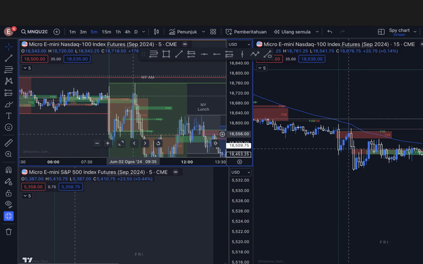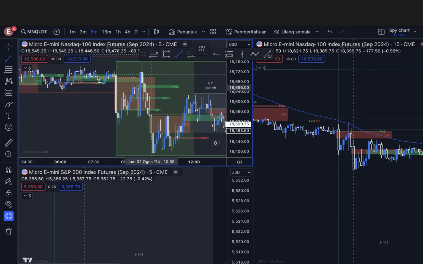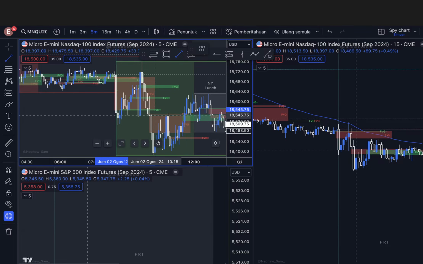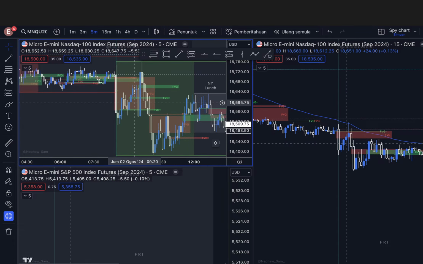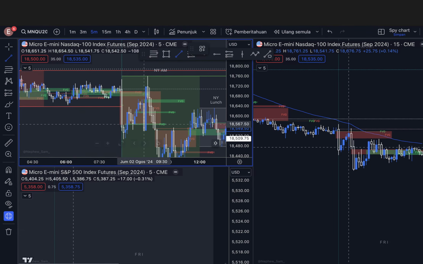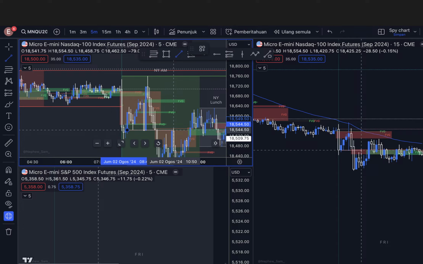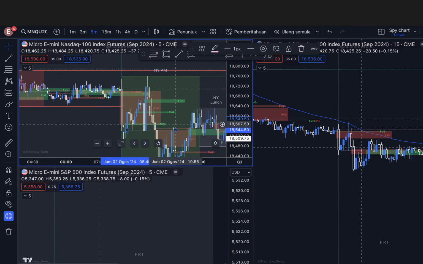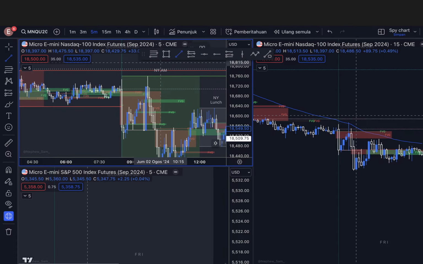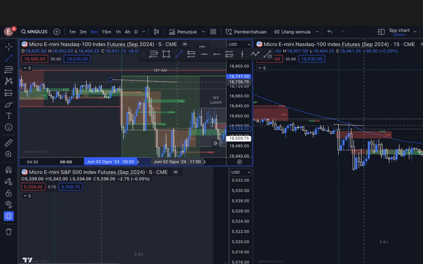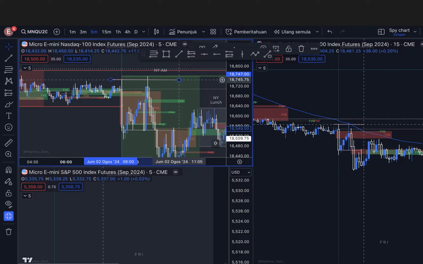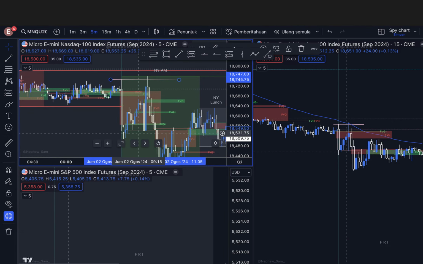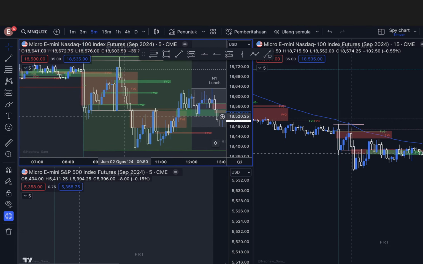So I took a buy here because I had liquidity marked here, and I had liquidity marked at this top side. This is news, okay? Once we candle closed below this, I should have been like, oh, we're going down.